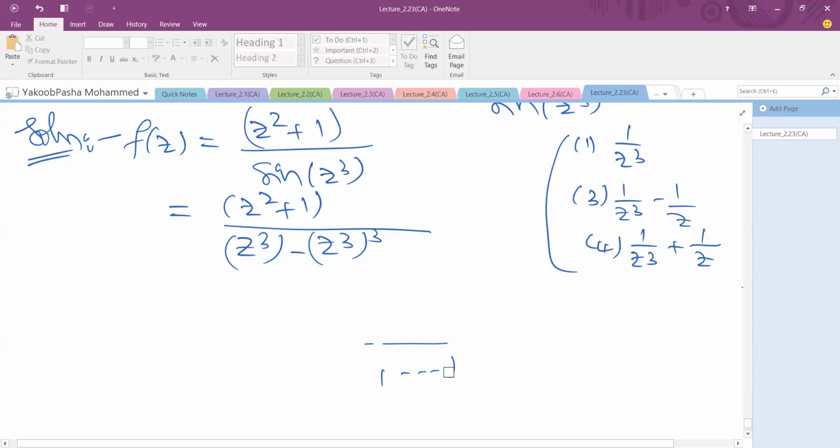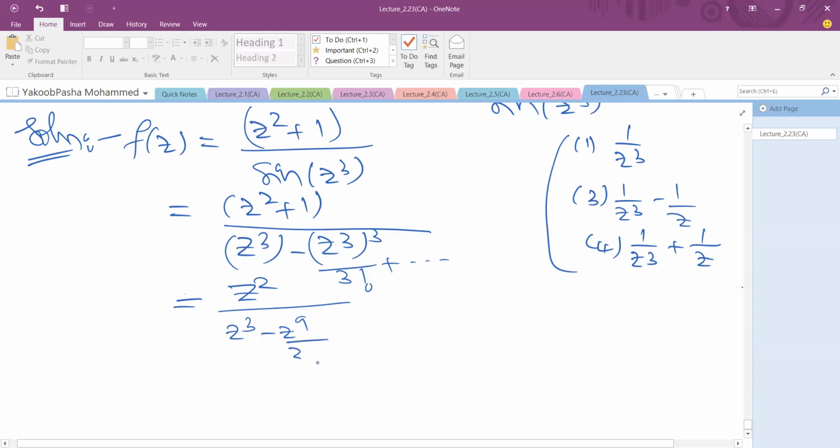Just I am writing z square by z cube minus z power 9 by 3 factorial plus and so on.